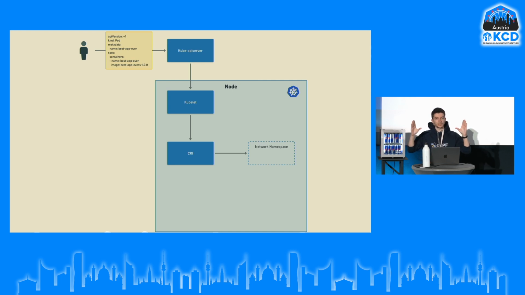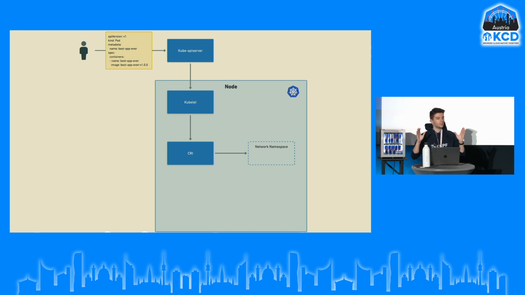What's important to understand here is that when you create a pod, you will actually always create at least 2 containers. It's not just one container, it's always at the very least 2. The first container doesn't do anything. It has an image running in there called the pause image. That image just sleeps forever.